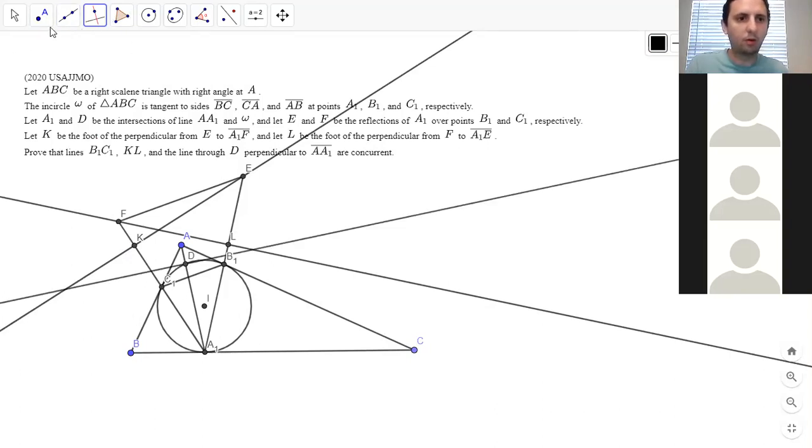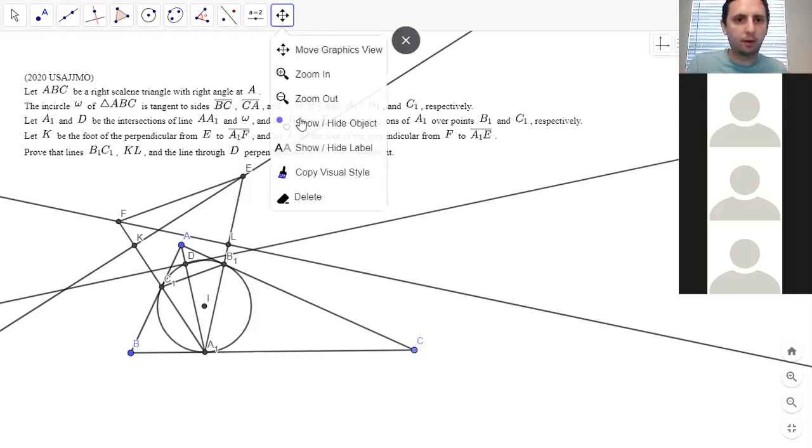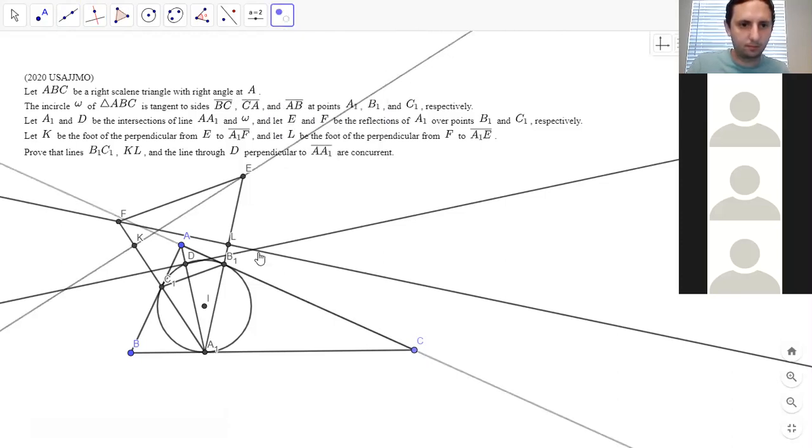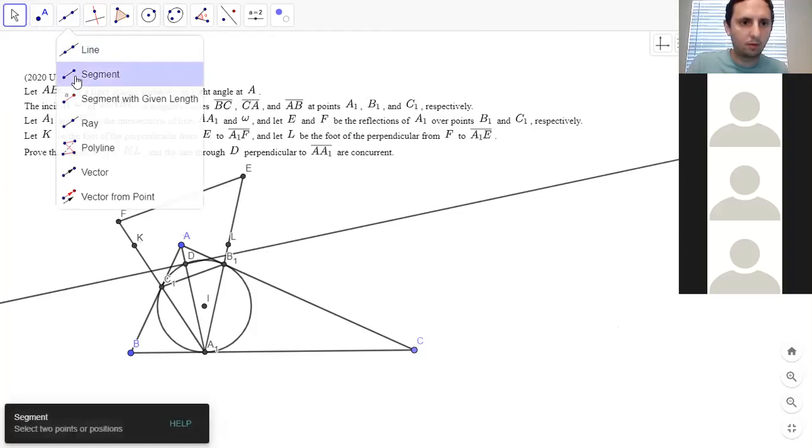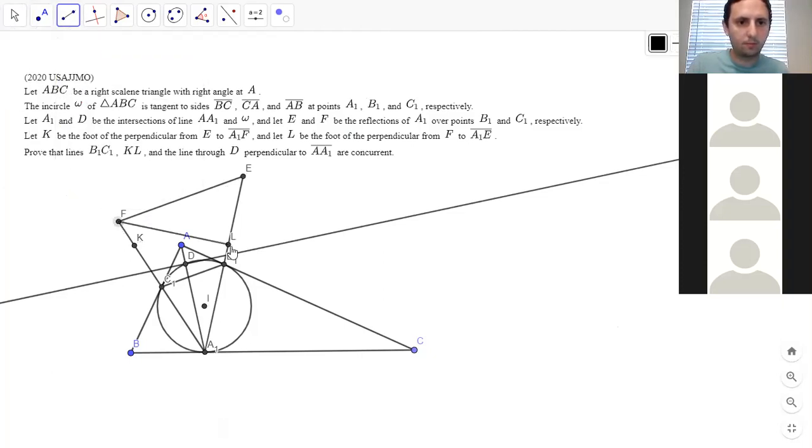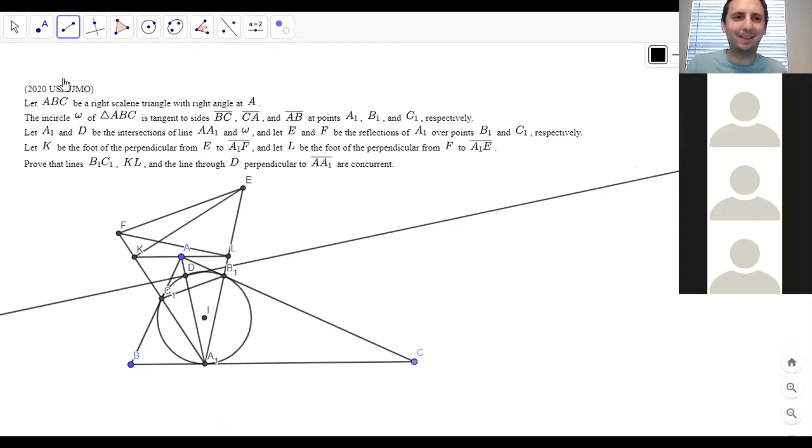Okay, so let me hide some stuff. We want to show that these three concur. So it looks like K, A, and L are collinear. Yeah, there's two J's. It's supposed to be the USA Junior Math Olympiad.